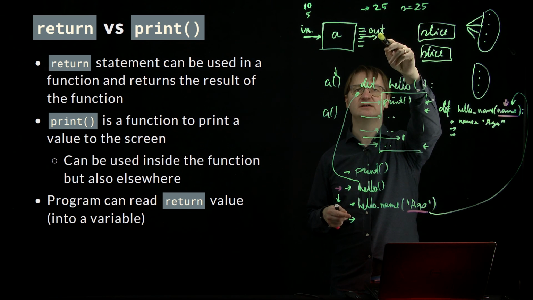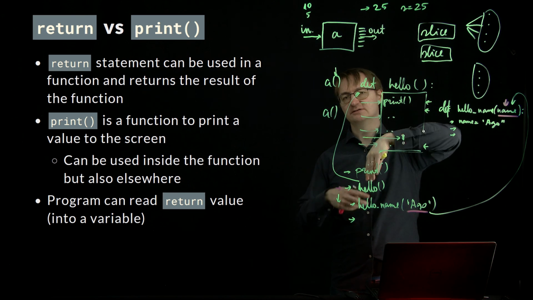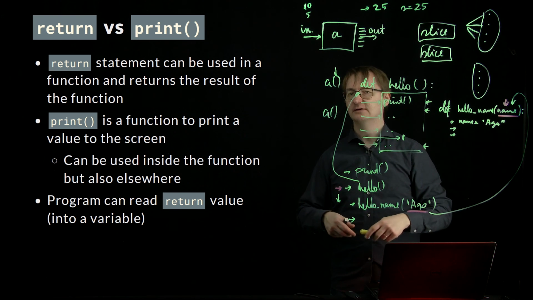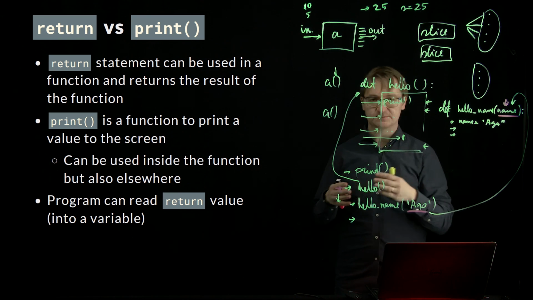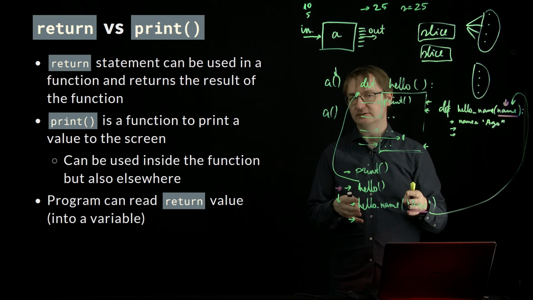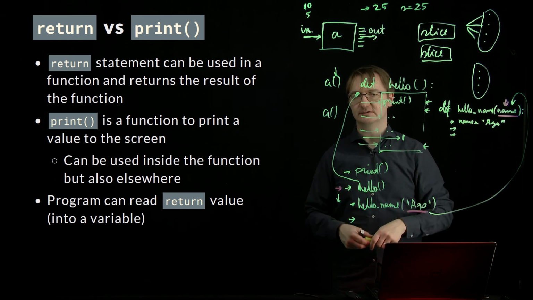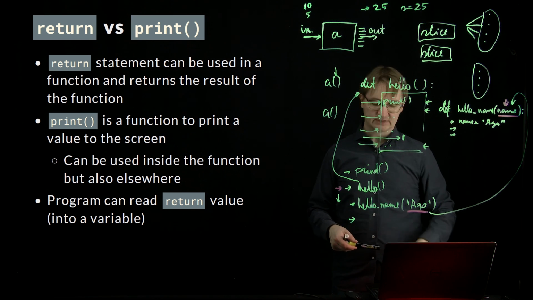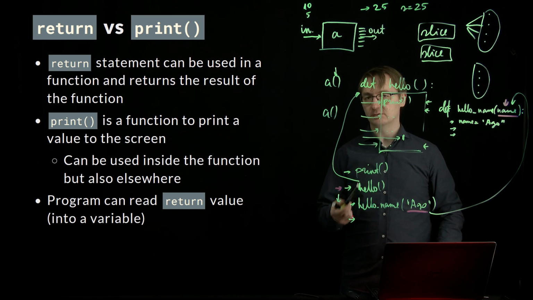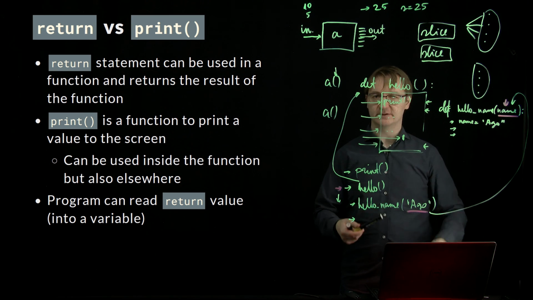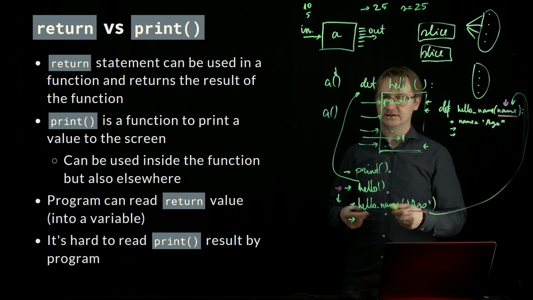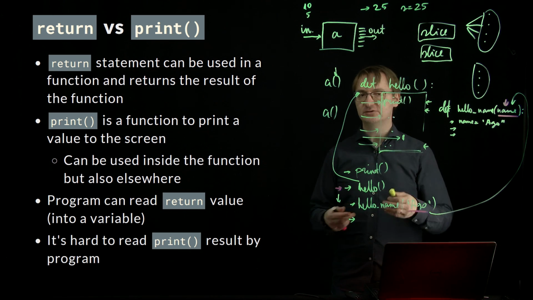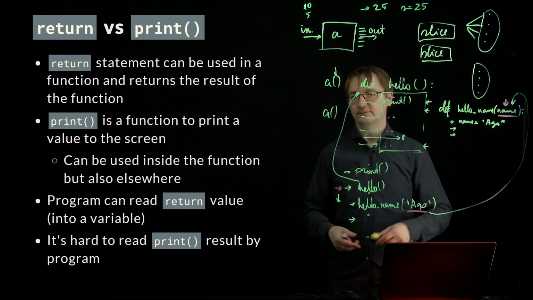So I can assign this result into some variable and do additional calculations. But what's printed on screen, I cannot use. I mean, I could, but it's really complicated. It's very hard for a program to actually read from the screen what was printed out. It's doable, but it's not worth the effort.